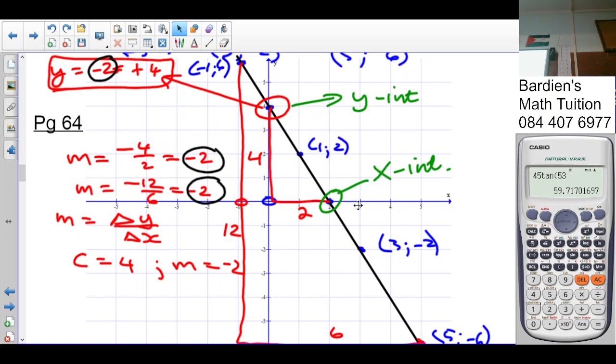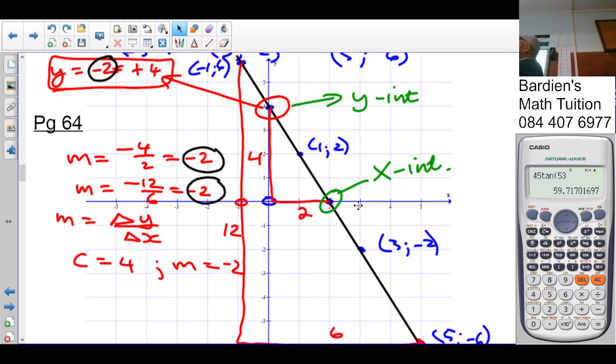I'm going to show you something else also now, but when we do examples, you'll see how all of this fits in. Okay, so you see we said x-intercept.